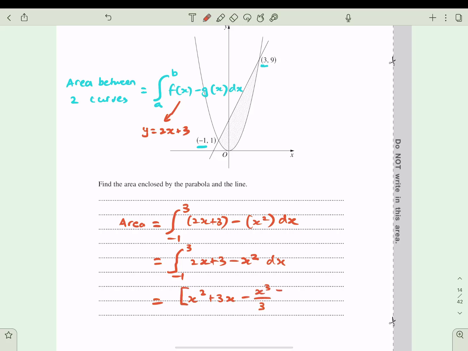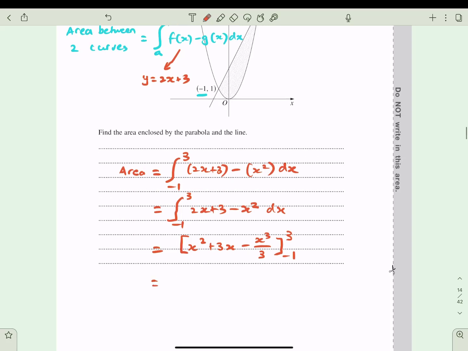So that's going to be upper bound 3, lower bound -1. That's equal to 3 squared plus 3 times 3 minus 3 cubed over 3, minus (-1 squared plus 3 times -1 minus -1 cubed over 3). Okay, keep going.